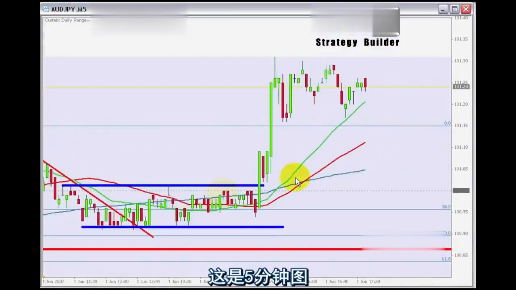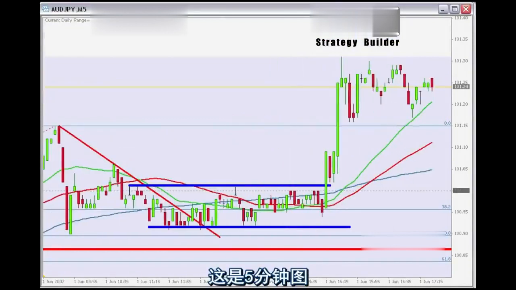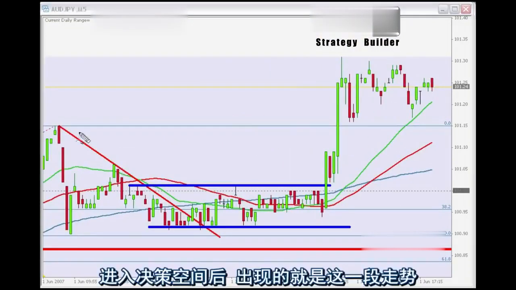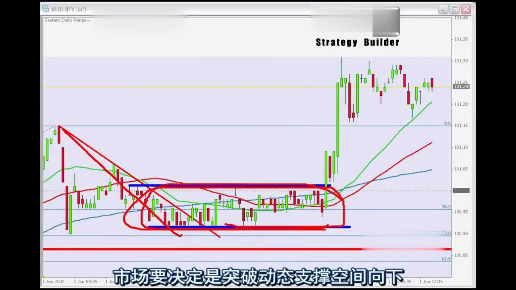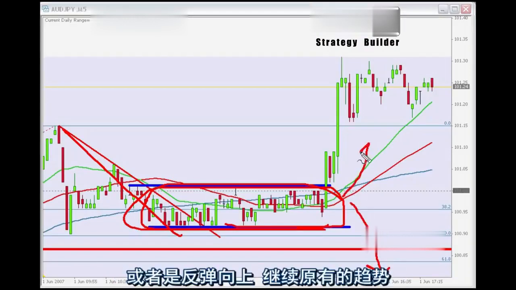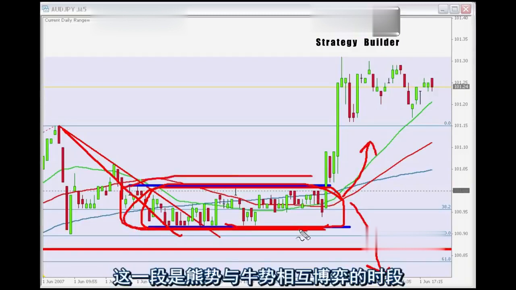Let me scroll. This is the 5-minute chart, sorry, and this is what happened when we reached this area of decision. At this precise time, the market had to decide whether to break below the area of support or to bounce to the upside, continuing the uptrend. This is where the war is fought, where the battle takes place between bulls and bears.